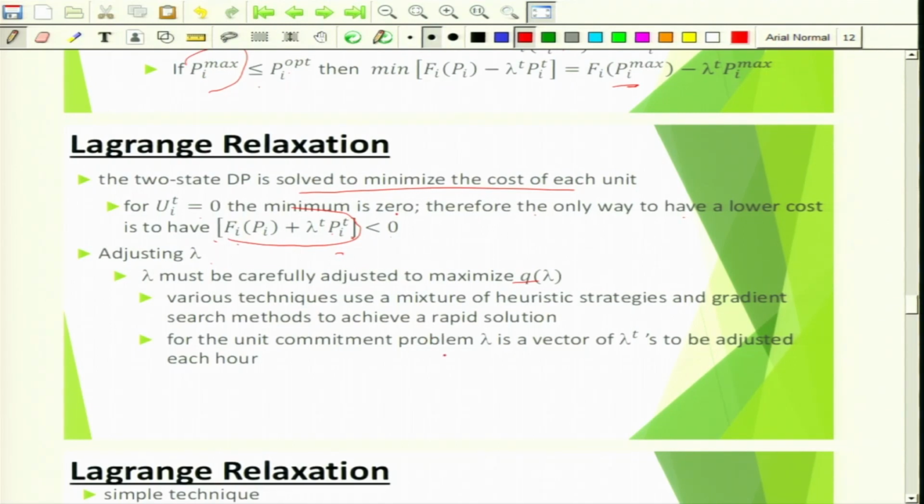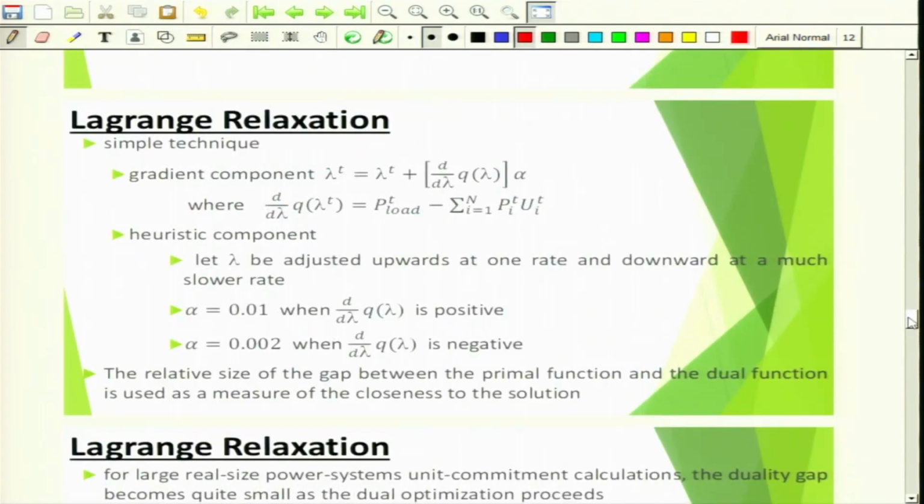For the unit commitment problem, lambda is a vector of lambda t, so at each hour you need to obtain the lambda. Now we follow the simple gradient approach. What we do is, the gradient component is lambda of t equal to lambda t plus alpha times the rate of change of q lambda, because you need to find the maximum, the slope, right.